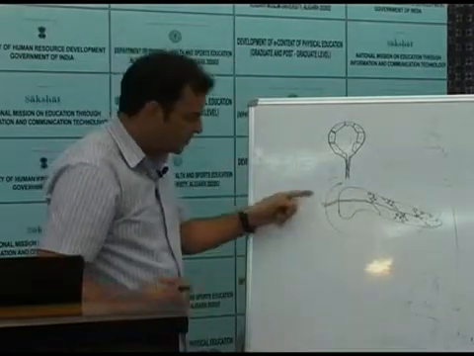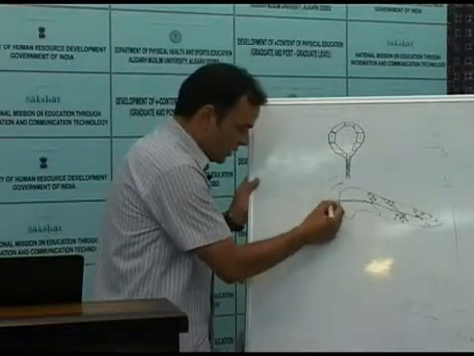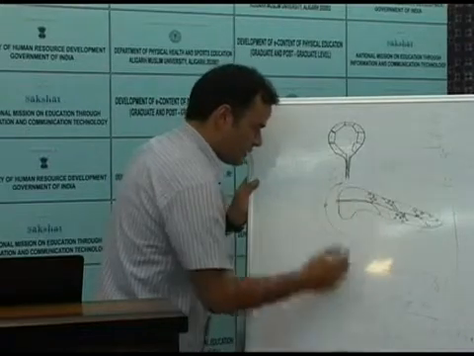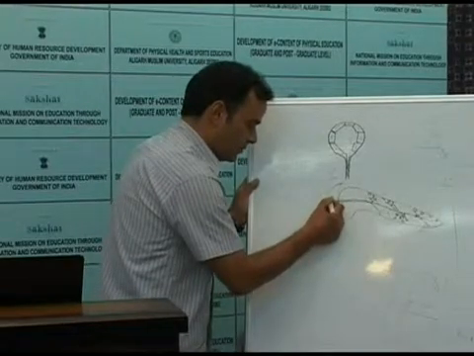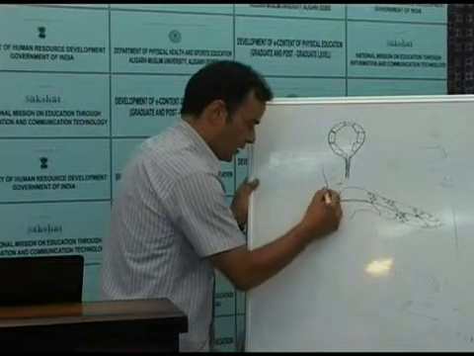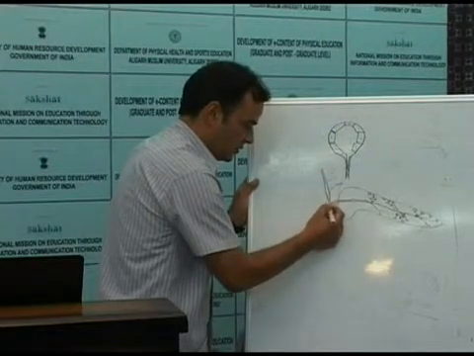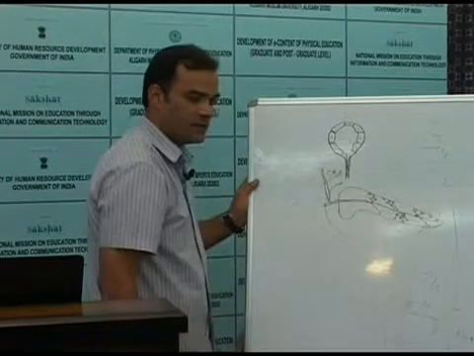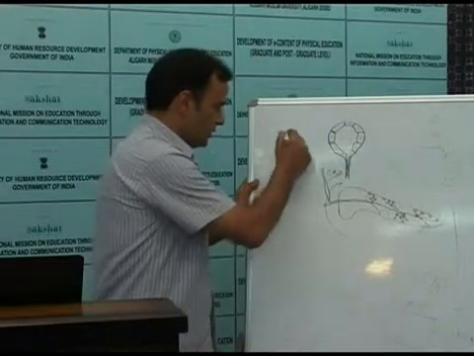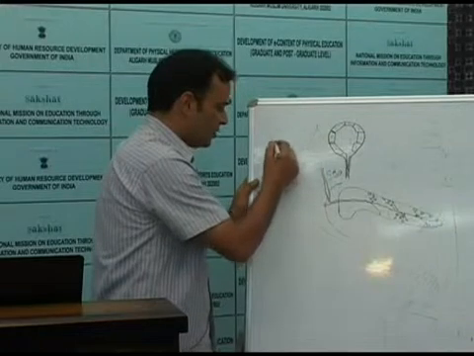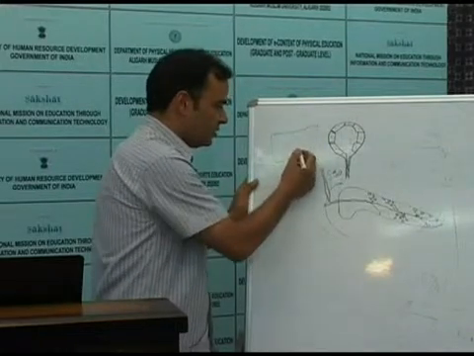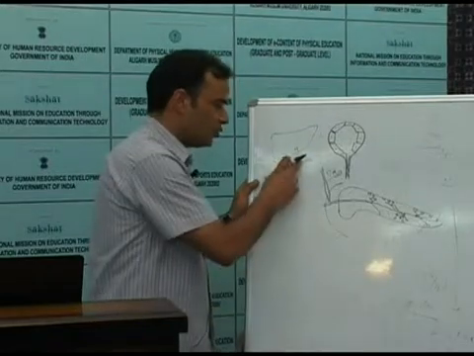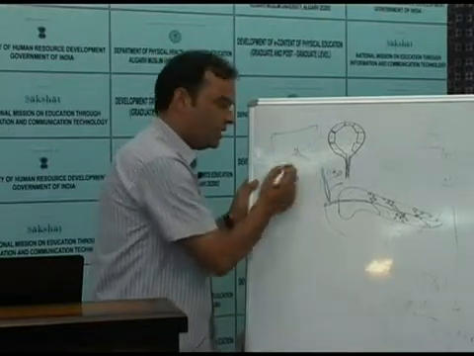But before it opens into the duodenum, it's also joined by another duct coming from the liver called common bile duct. Liver is another gland of the body. This gland produces bile which is secreted through a duct called bile duct.